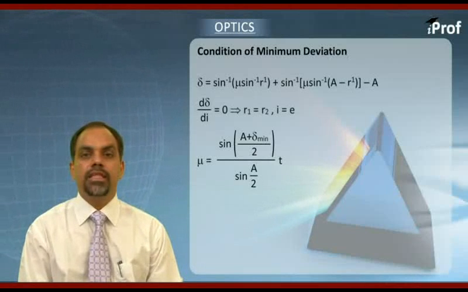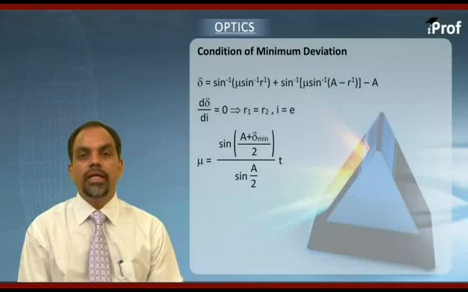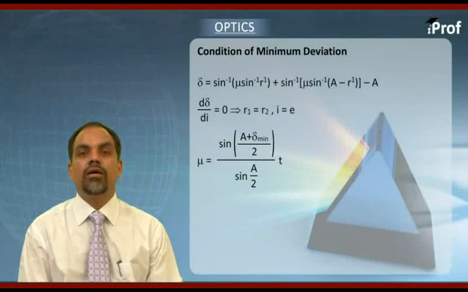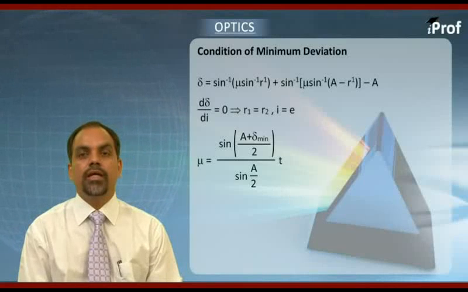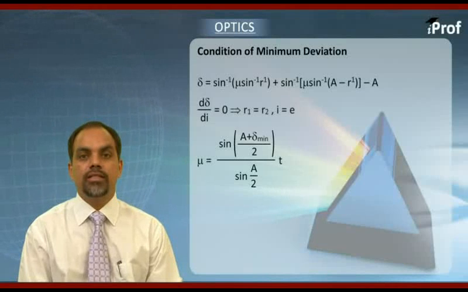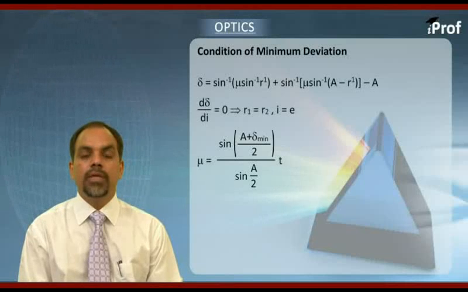I can write from Snell's law, the surrounding medium is air, 1 into sin I is equal to mu sin R1. Substituting the value of I and R1, we get the expression for refractive index, mu is equal to sin of (A plus delta m) by 2, whole divided by sin of A by 2. Students are supposed to remember this unique relationship which is valid in the situation of minimum deviation.